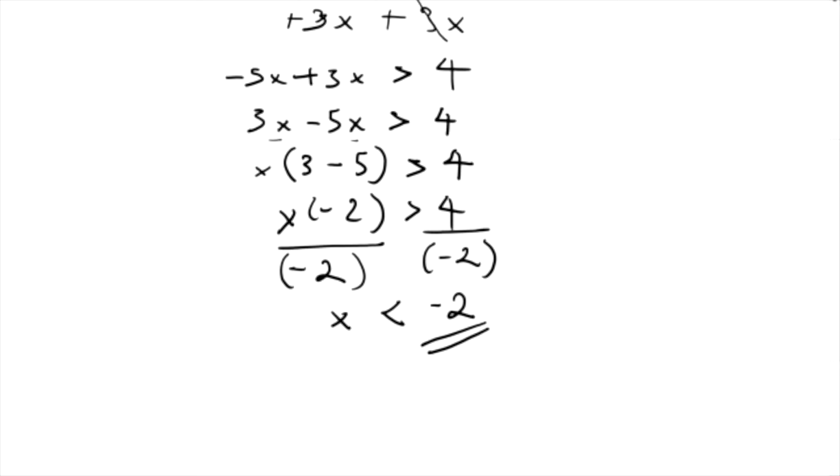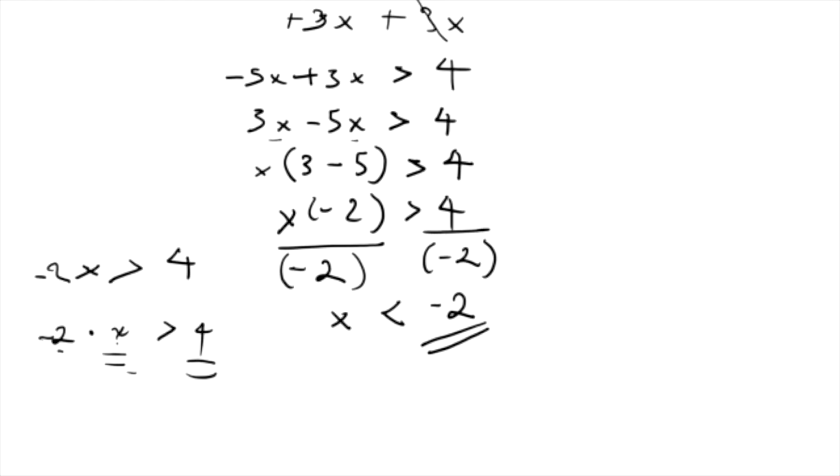If we have negative 2 times x greater than 4, we are simply saying that when negative 2 is multiplied by some number x, it should always be greater than 4. So this number has to be a negative number for it to convert negative 2 and itself to a positive 4.